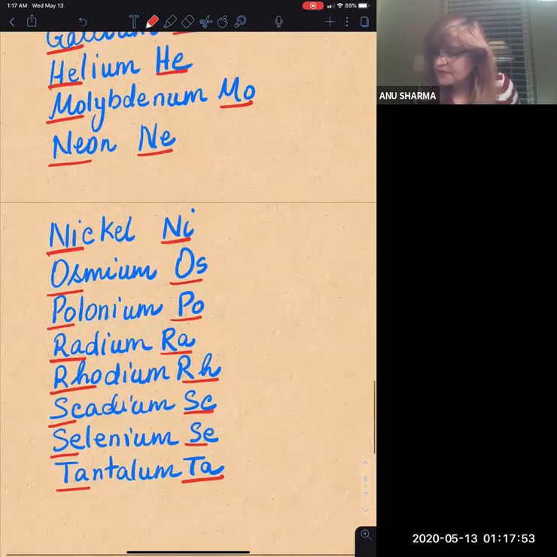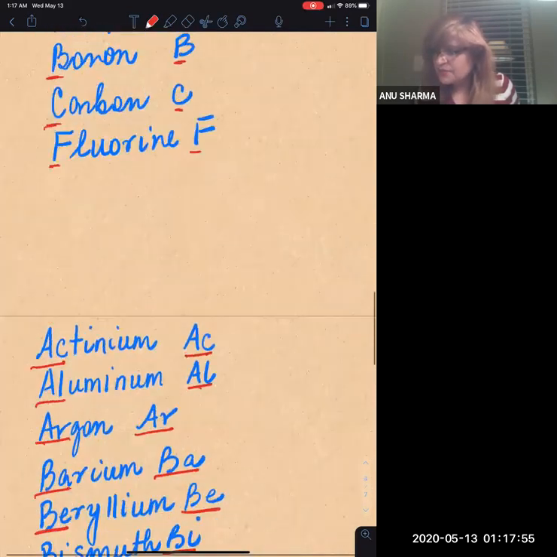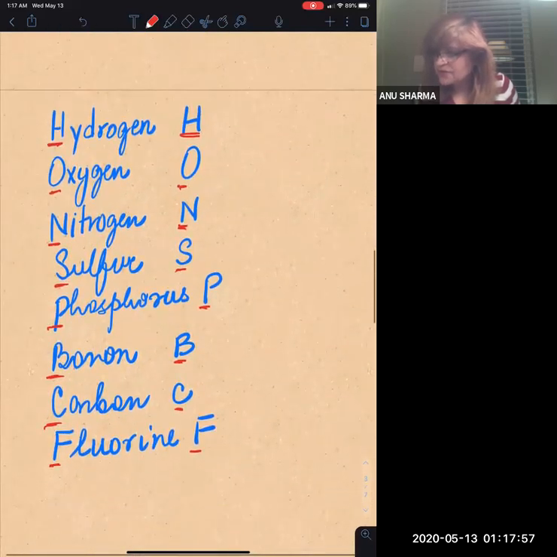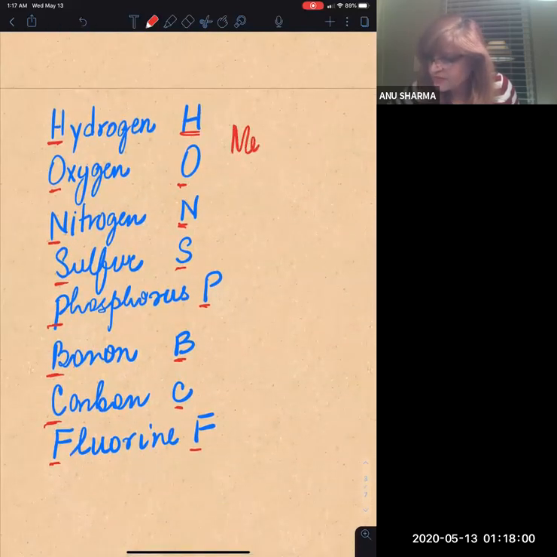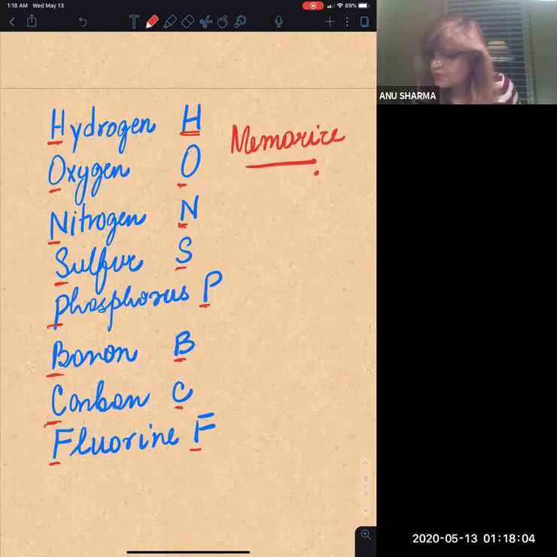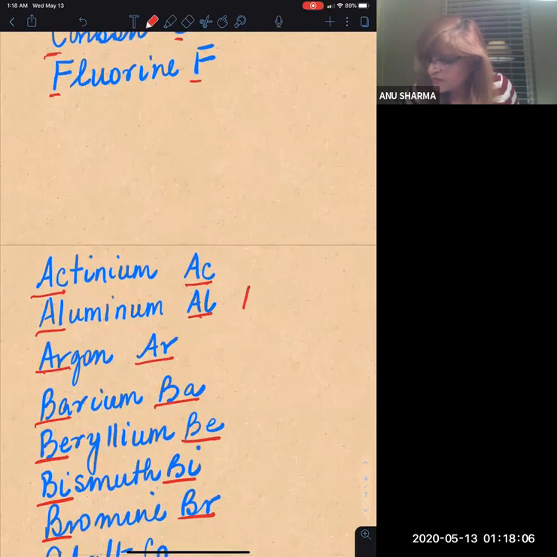Okay, so these are pretty easy to memorize. This is a very short list, so it is easy to memorize. You get a feel for it when you start taking the names.